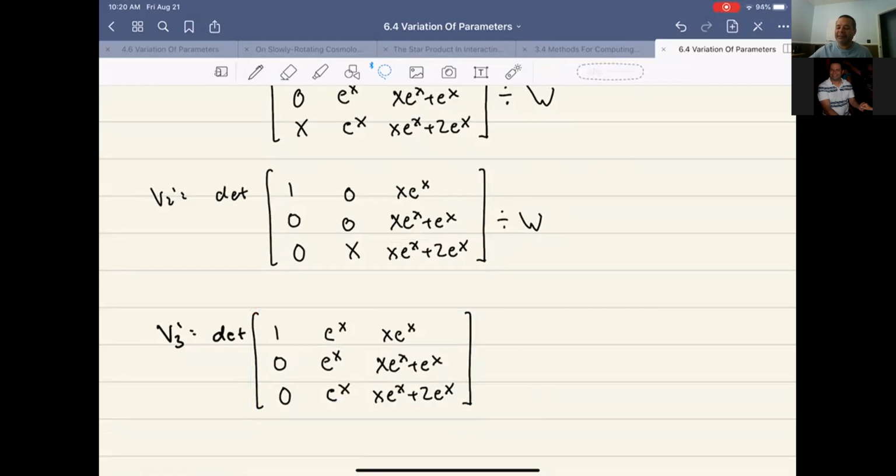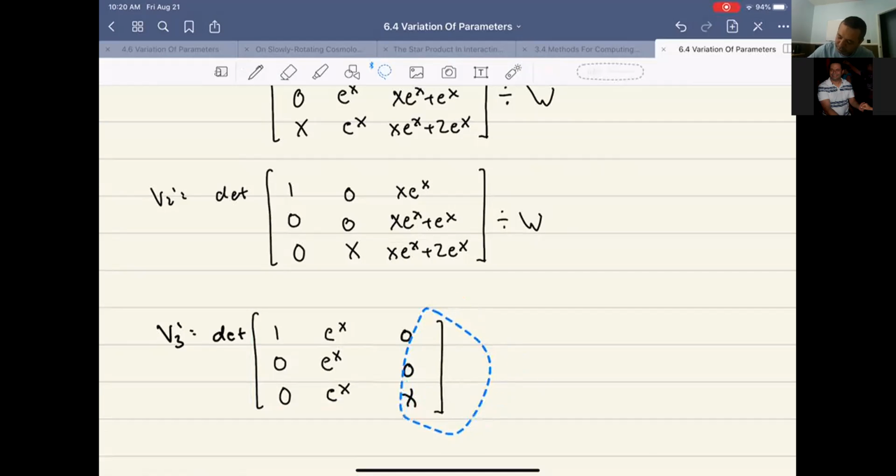We're going to replace exactly the third column with 0, 0, x. Okay.